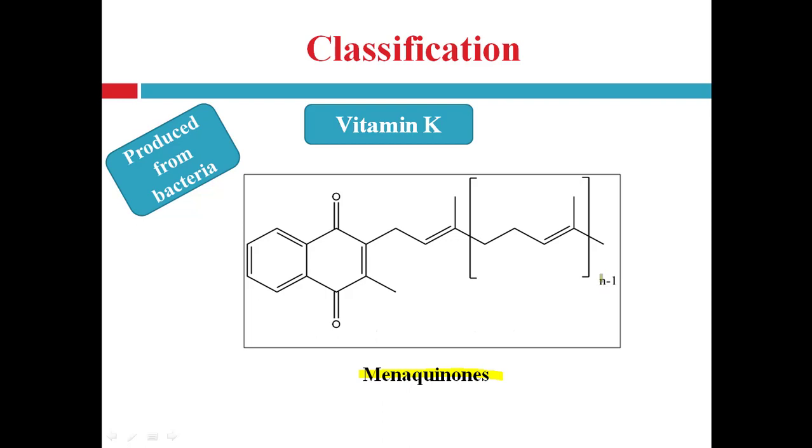Here variation or change in n will lead to the production of different menaquinones, right. This isomer n means number 1, 2, 3, right. So this group is repeated as the number of n is increased, right.